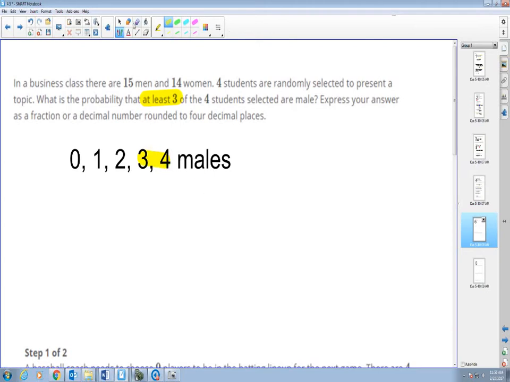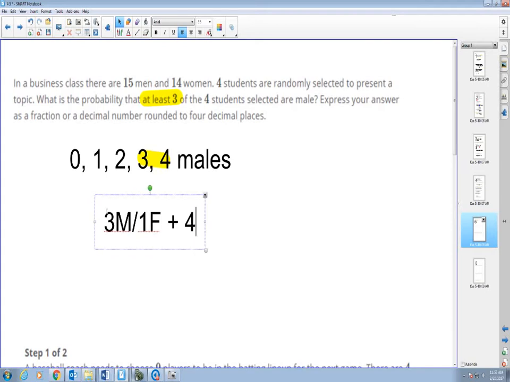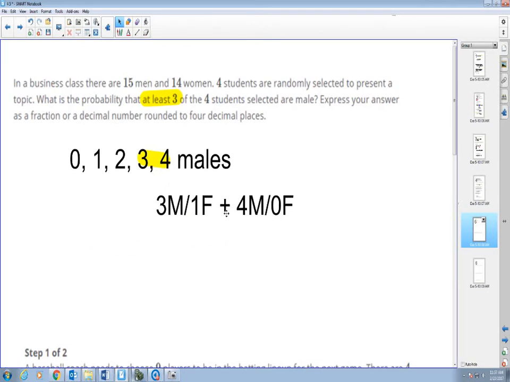Let's think about 3 males. If 3 of them are male, that means the other 1 student has to be female. Or I can have 4 males. That means I will end up choosing 0 females. So that's my scenarios.